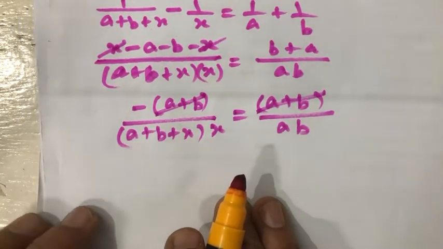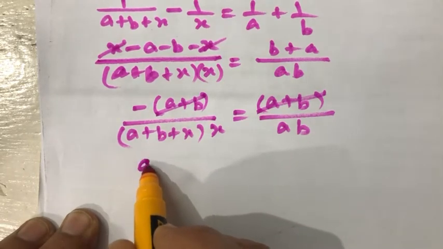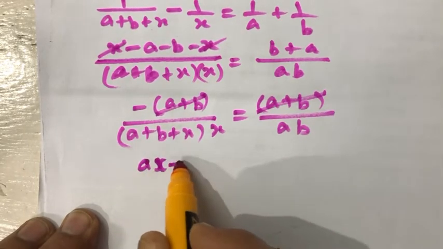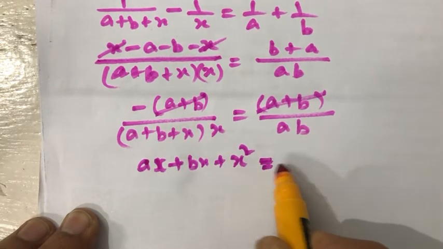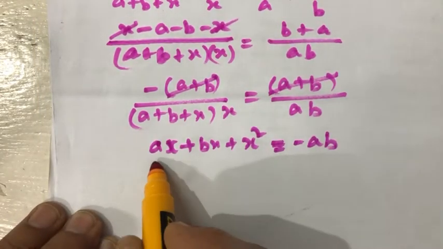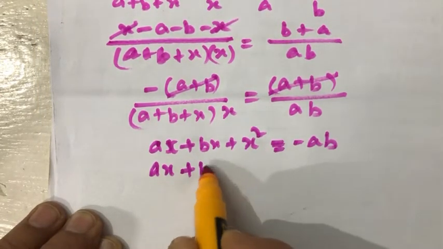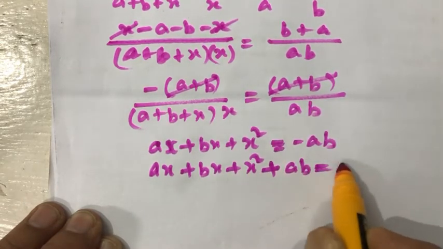We'll divide by a plus b both sides. Now cross multiply, what we are getting, a plus b into x plus x square equals minus ab. Take all the constants, ax plus bx plus x square minus, so here it is plus ab on one side.